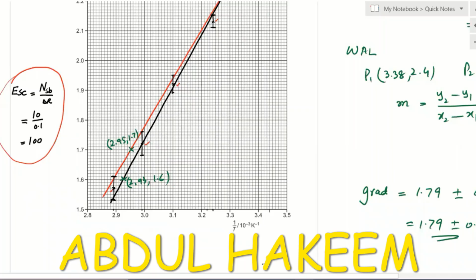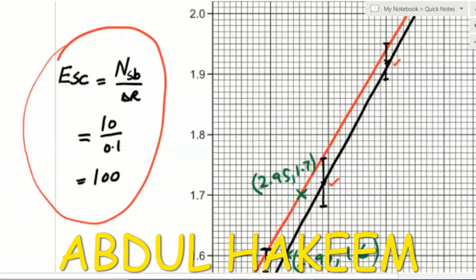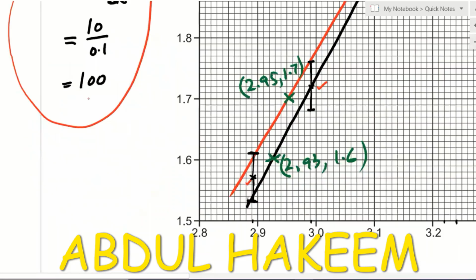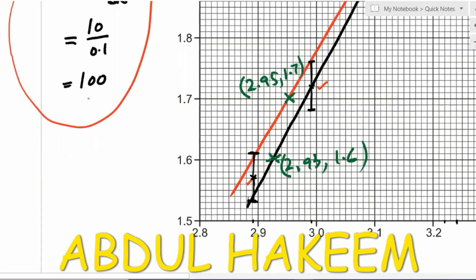So for the vertical, error scale constant is the number of small boxes divided by the difference of the reading. So select any number of the boxes. Suppose I selected here 10, that's 10 small boxes divided by their difference of the reading. Suppose 1.6 to 1.7, 10 boxes, the difference is 0.1. So error scale constant is coming 100. You can select 20 boxes, 30, but this is constant, you will get the same answer 100.